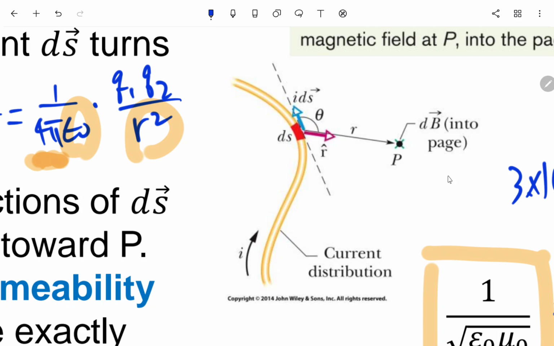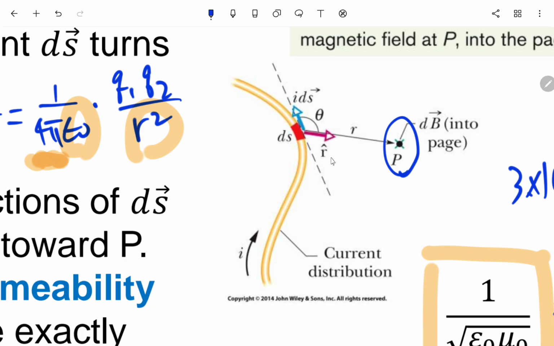We would like to find the B field at this point only. So we connect this point to this point. This is the r vector. So r hat is the unit vector pointing in the same direction.